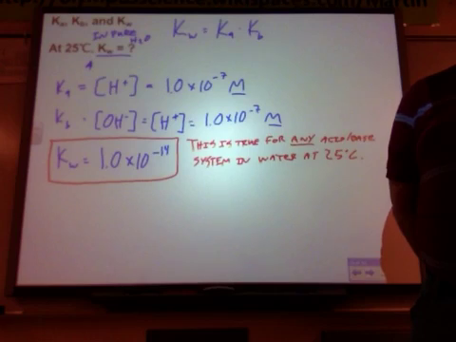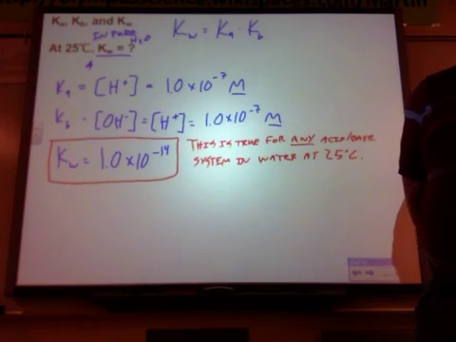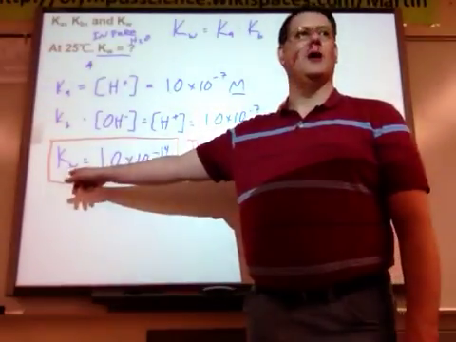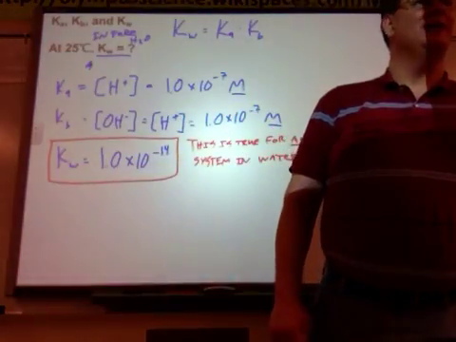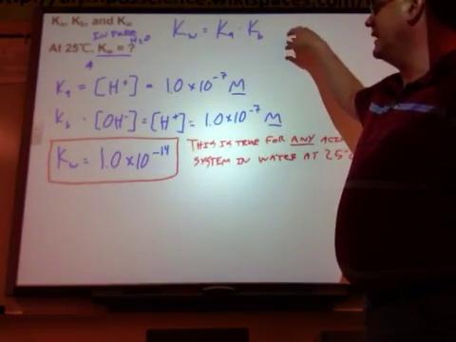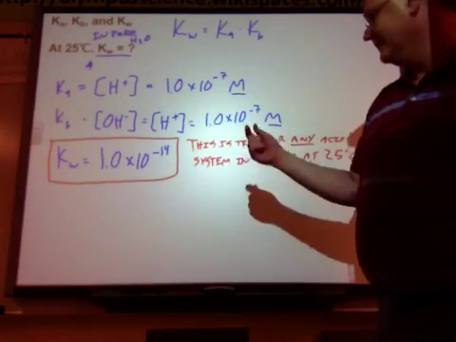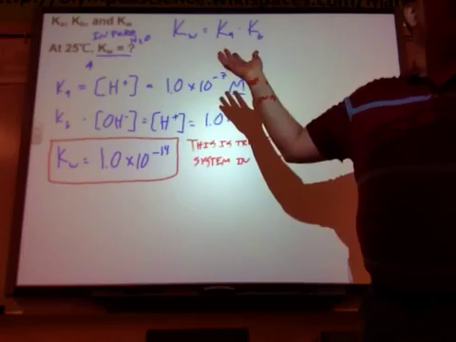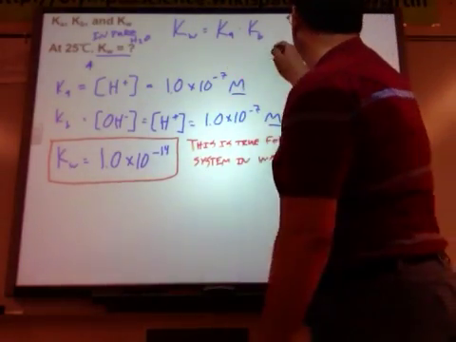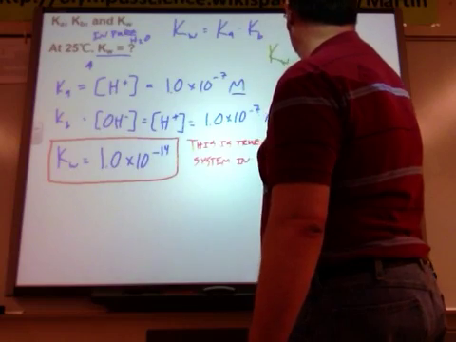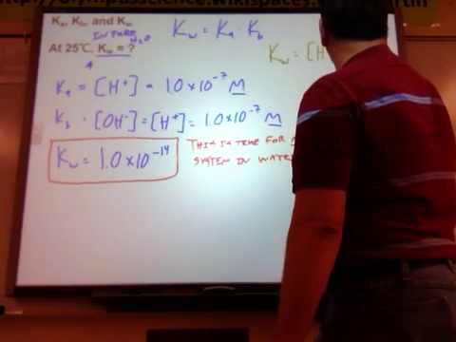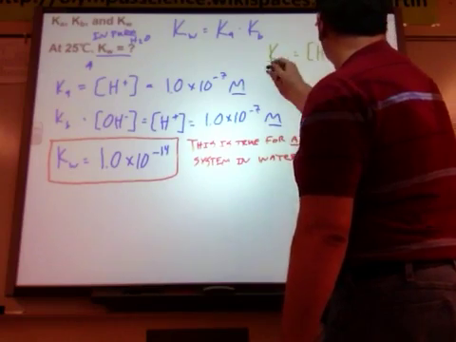What does Kw represent, though? Kw is the auto-dissociation constant for water. In other words, it is concentration H plus, concentration OH minus over concentration of water, but we don't worry about that since it's a liquid. So, we could define Kw this way. And in fact, it is defined this way. Okay?